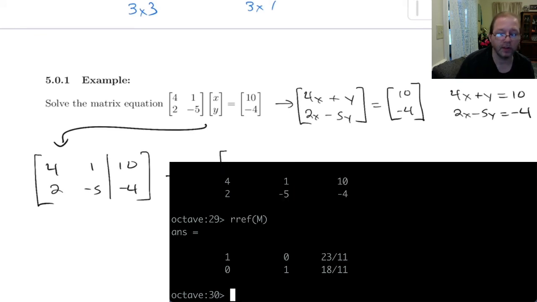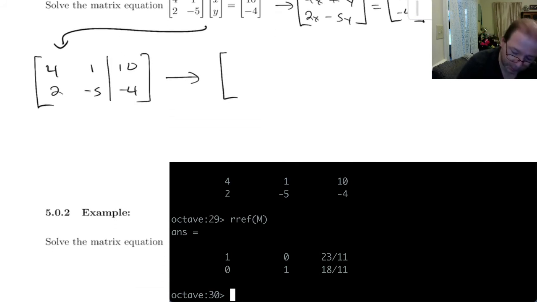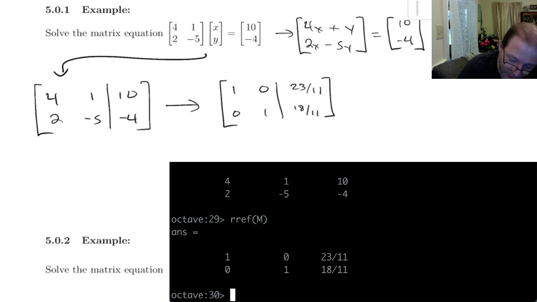We'll reduce this, and I get 1, 0, 23 over 11, 0, 1, 18 over 11. So my solution is x is 23 over 11, y is 18 over 11.